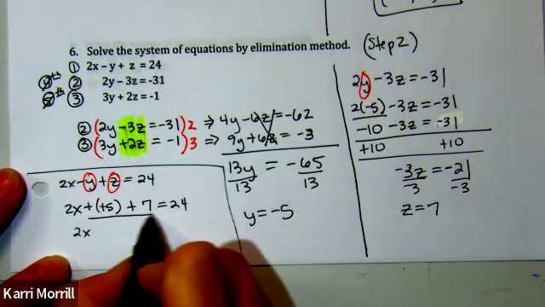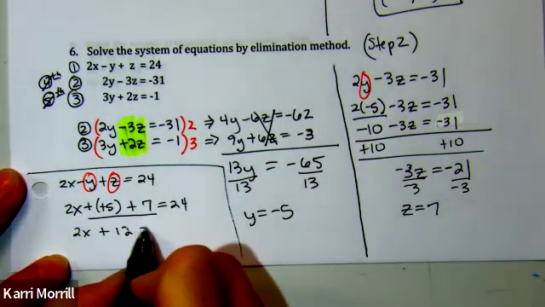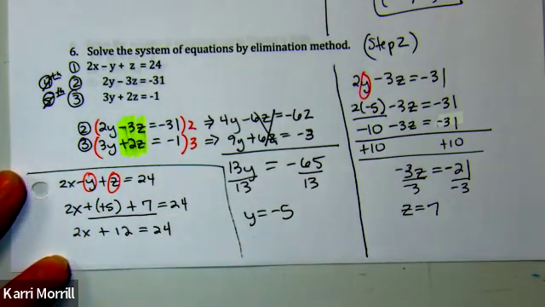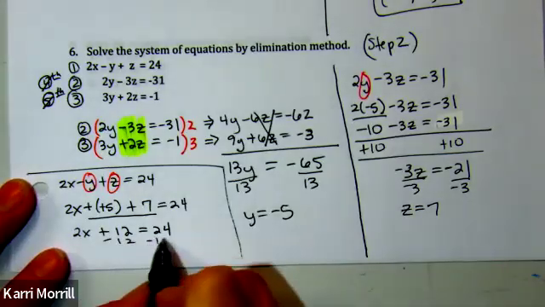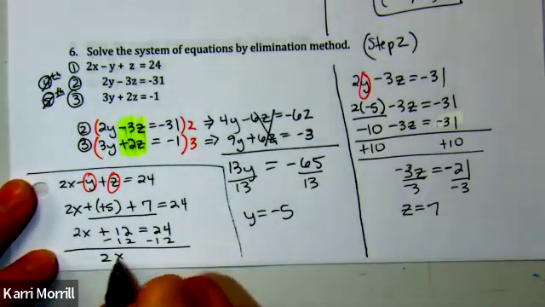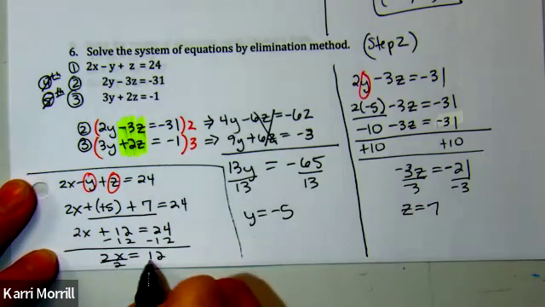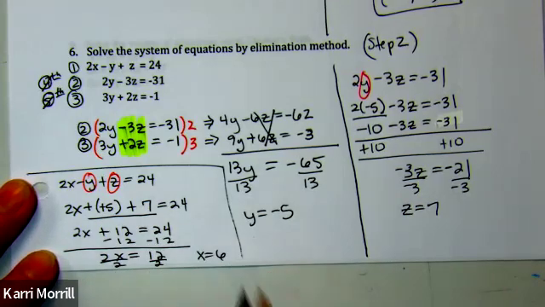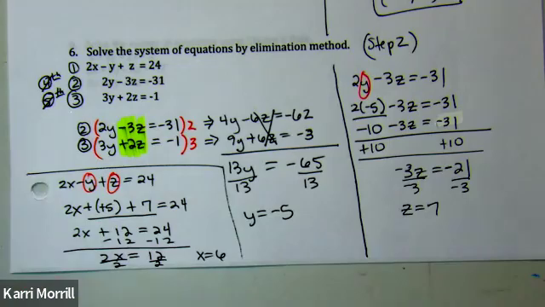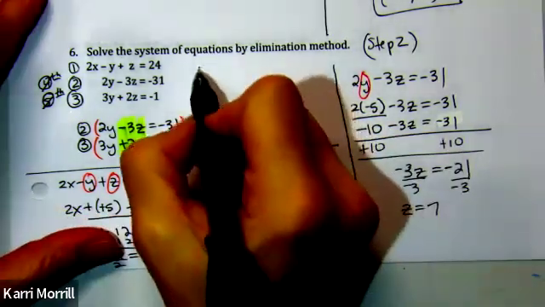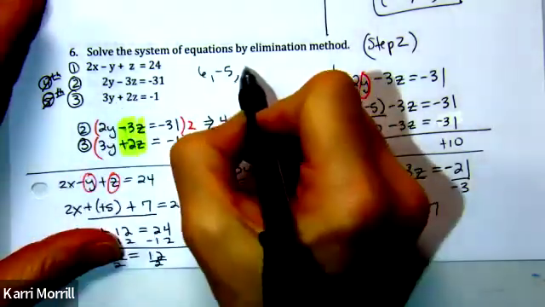So I'm really just combining 5 and 7, make a positive 12. And then subtract 12. So we have 2x equals 12. So x is 6. So when we write our answer, we have to write it as an ordered triplet. So 6, negative 5, and 7.